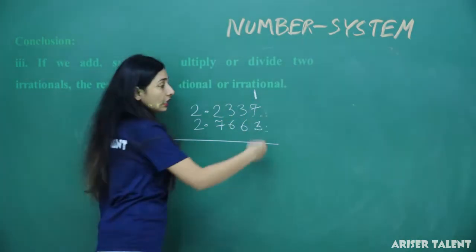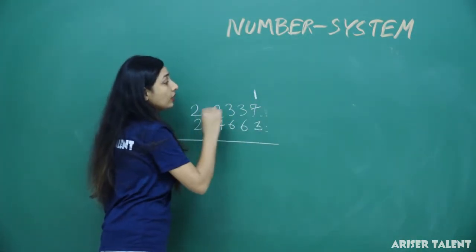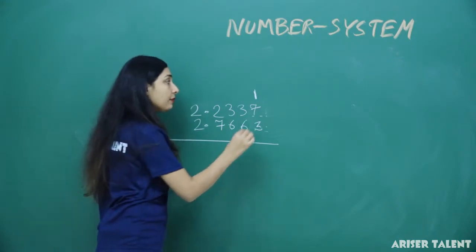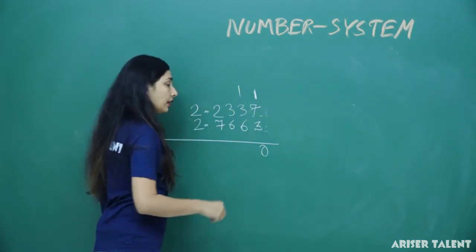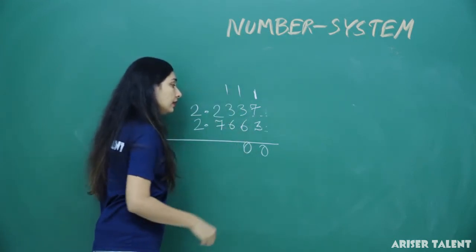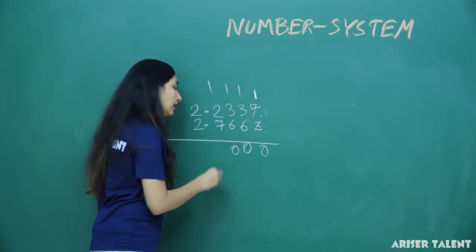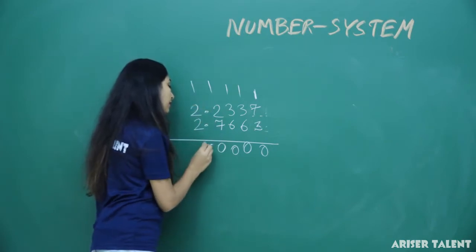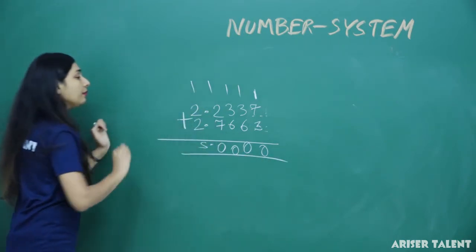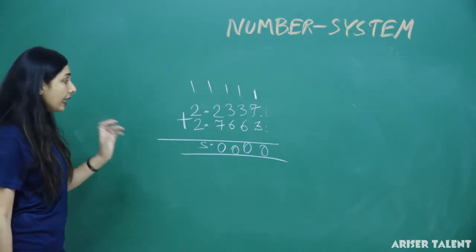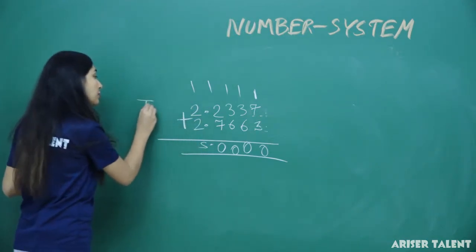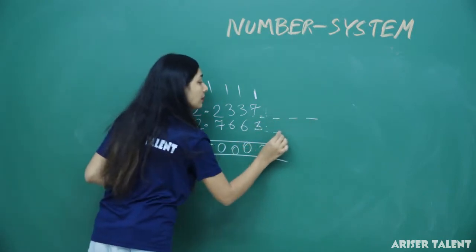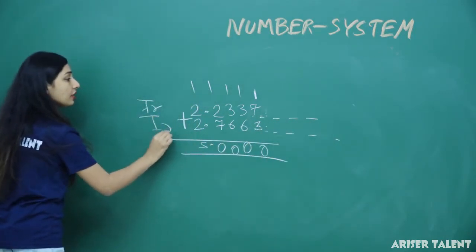Whatever the values are, I am getting 1 from right there. Okay, so in that particular case, what is going to be? A 0 here, and then a 0 here, then a 0 here, then a 0 here, then that will be 5. Now I am adding these two numbers, but these are irrational.